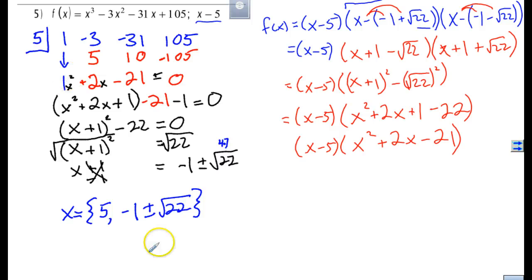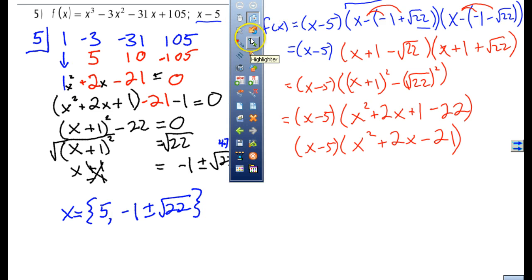You might notice where else does that show up? Right here. Well, that's the same thing we got from the synthetic division, right? So we are indeed doing it correctly. We just did that whole process backwards.